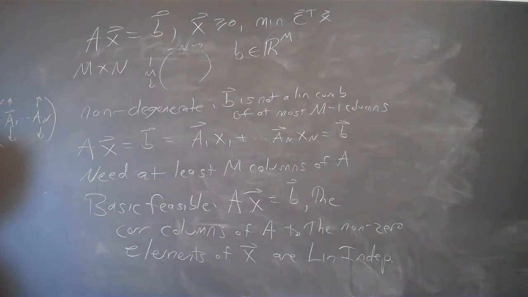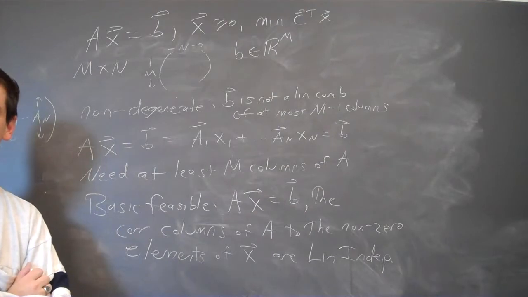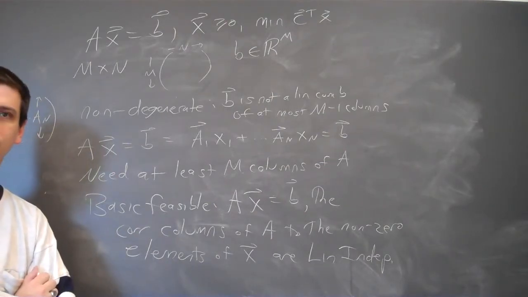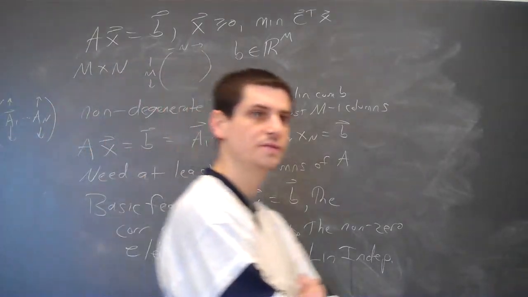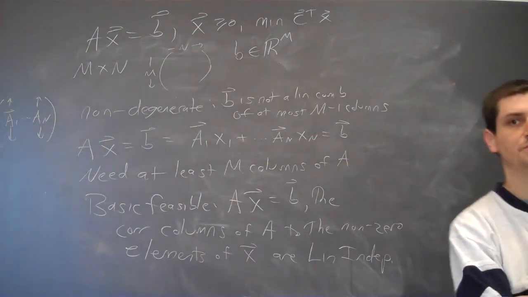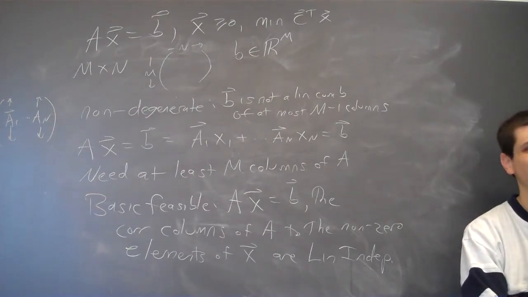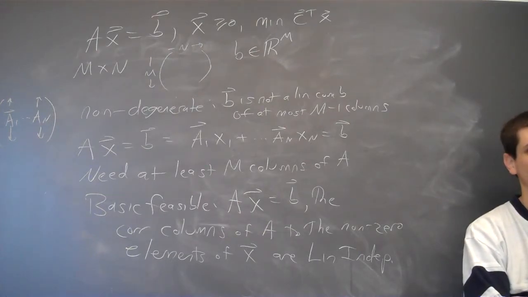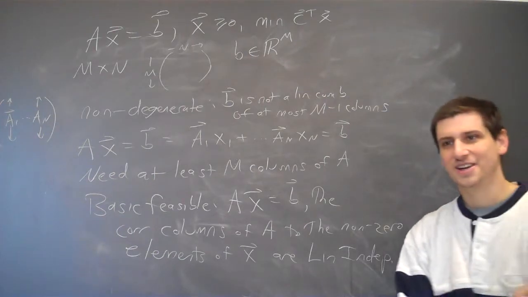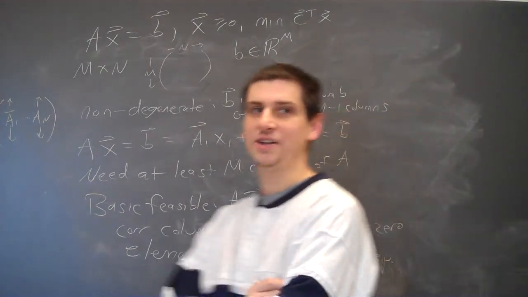How many basic feasible solutions are there? Finitely many or infinitely many? I feel like it's finitely many. Because the difficulty is the entries are real values.